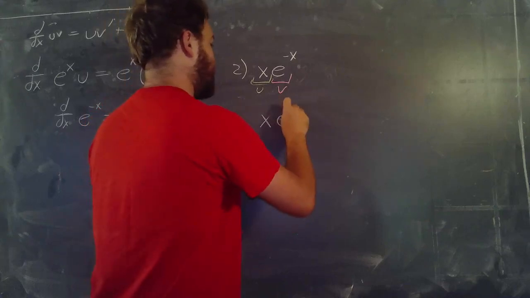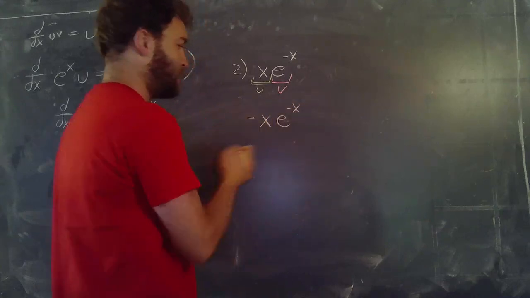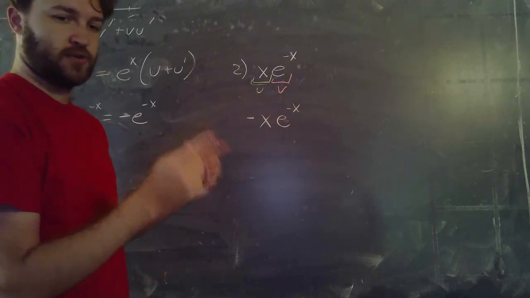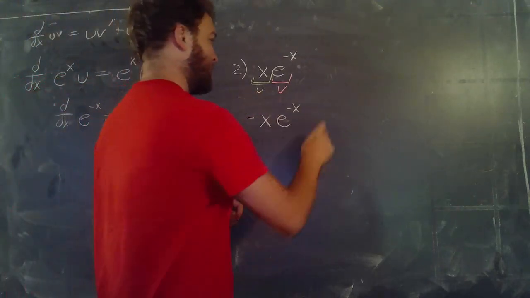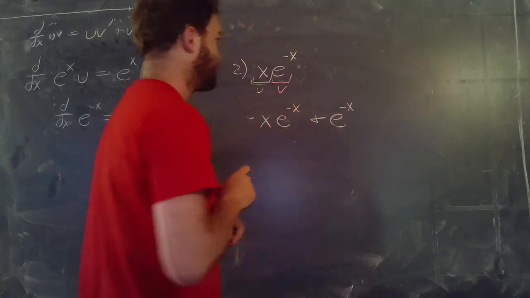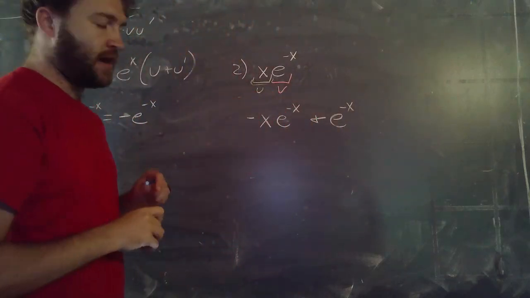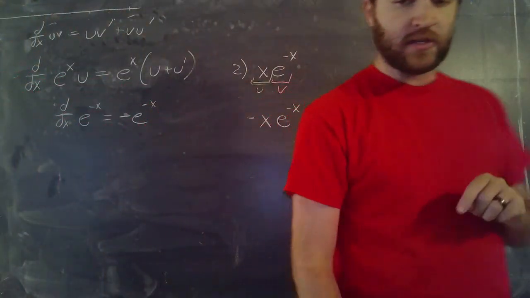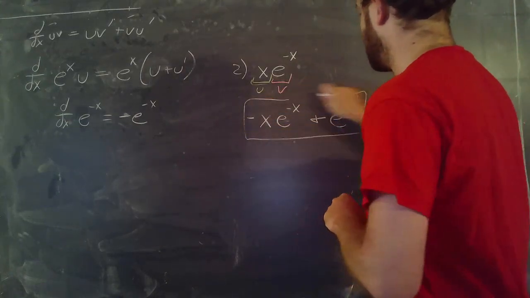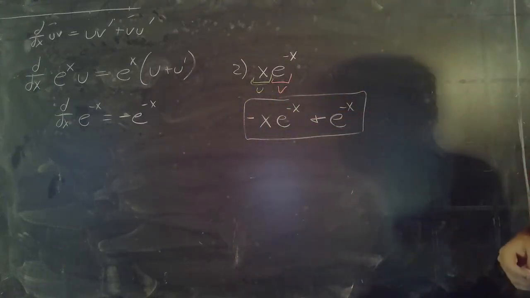Well, that's negative e to the negative x, so I'll put the negative symbol out in front of it and then write down e to the negative x because those two things are being multiplied together. Then it says add the second function, e to the negative x, times the derivative of the first function. Well, notice the first function's derivative is just 1, so this thing here is my answer, and I'm done.